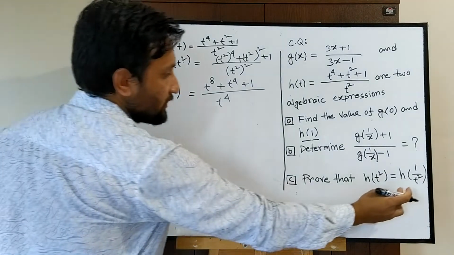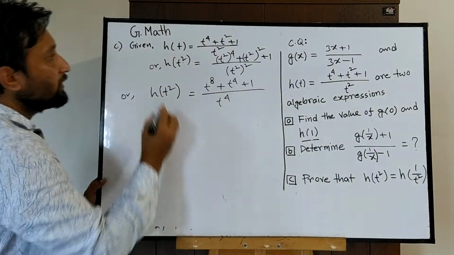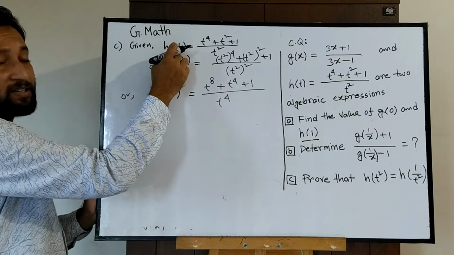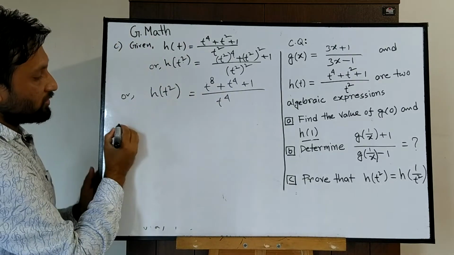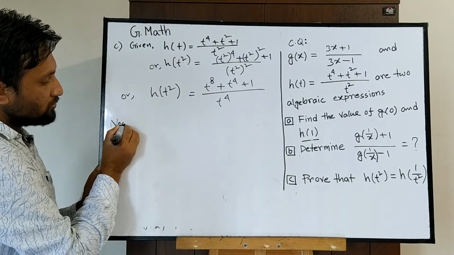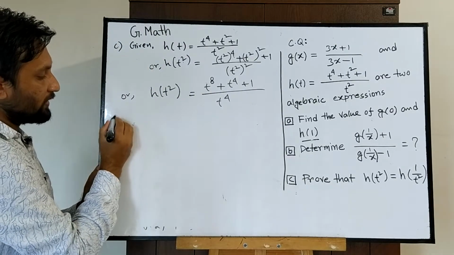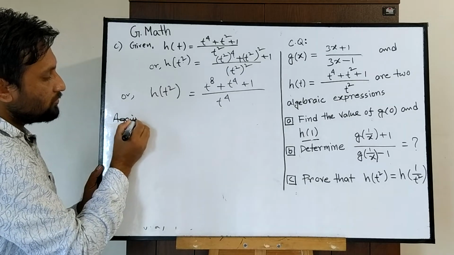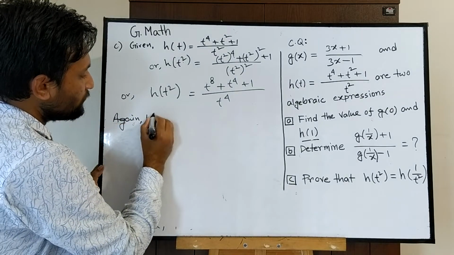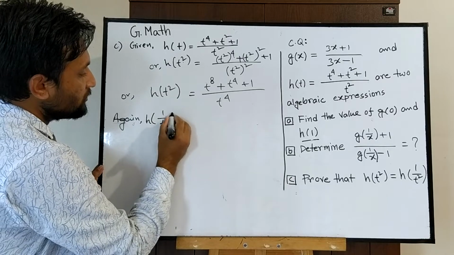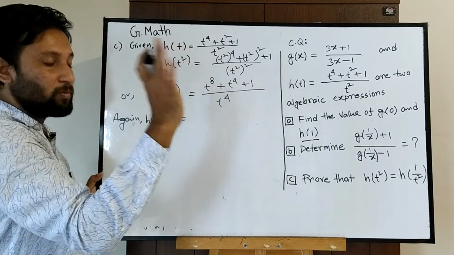But now we have to find h of 1 by t square. Again replace in the given expression to get h of 1 by t square. Now, t replaced by 1 by t square.